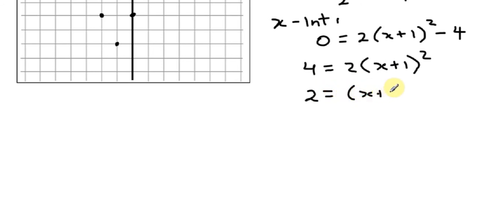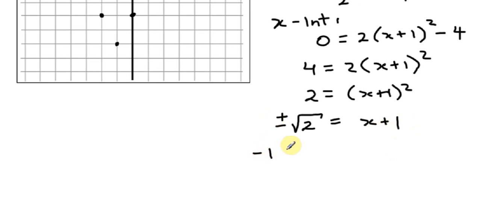Now at this stage, I have something squared equals 2. So to get rid of the squaring, I'm going to square root both sides. So I got root 2, and by the way, this becomes plus or minus. And over on this side, the square root of something squared just gets rid of the squaring. My last step is to subtract the 1 over.